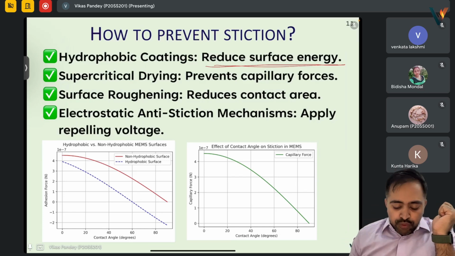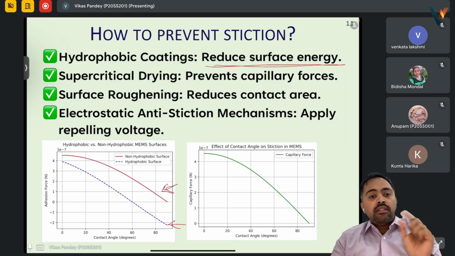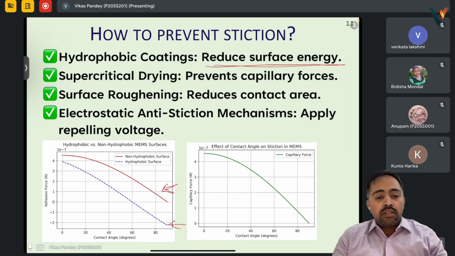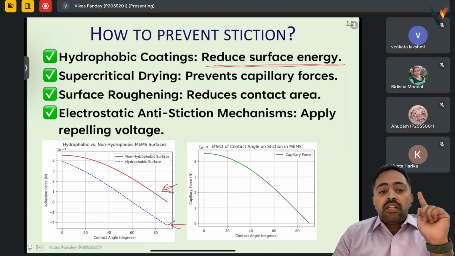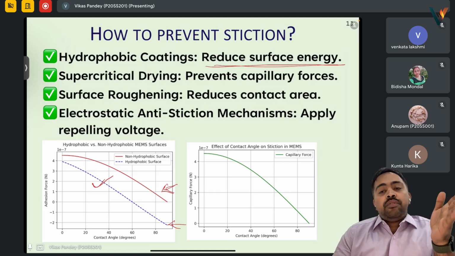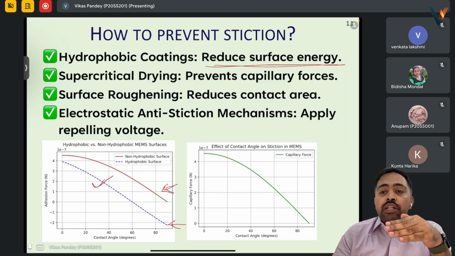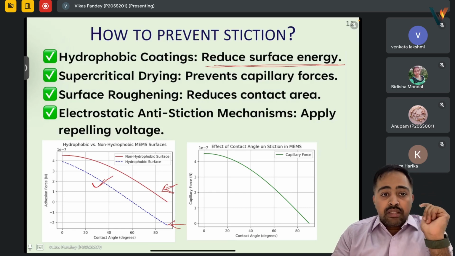If you see the graph with a hydrophobic surface and a non-hydrophobic surface, the contact angle is different, and as such the adhesion force is much less in case of a hydrophobic surface, so it will reduce our chance of stiction to some extent.